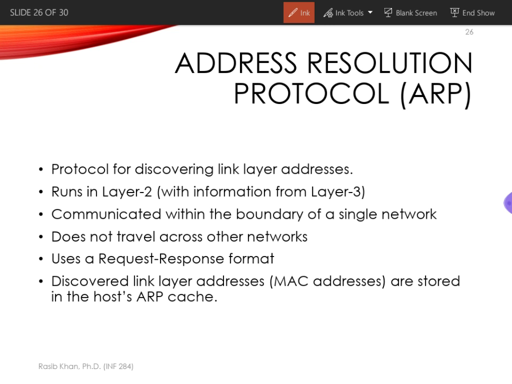So far, in the case of Ethernet LANs, we have seen that almost all of the functionality of the frame forwarding is dependent on MAC addresses. So layer 2, which is the link layer, needs to have some form of mechanism through which the hosts can learn the MAC addresses of its destinations.